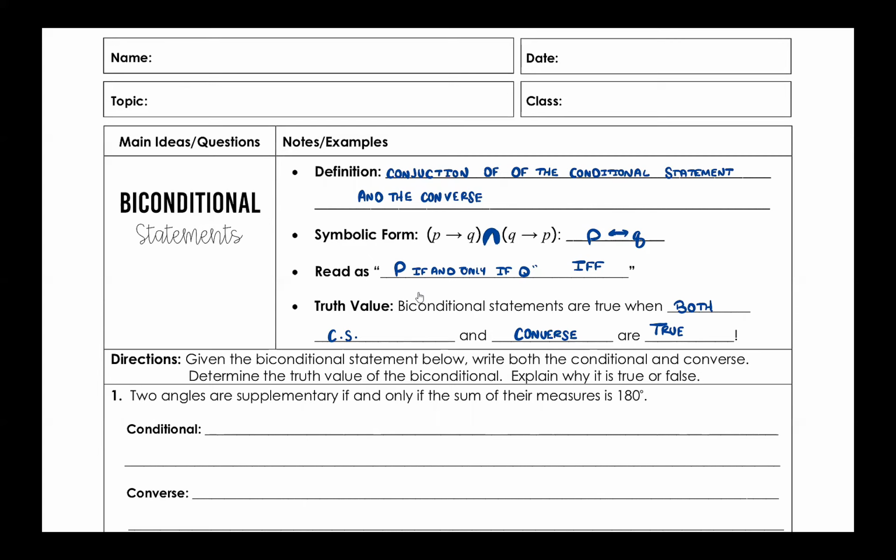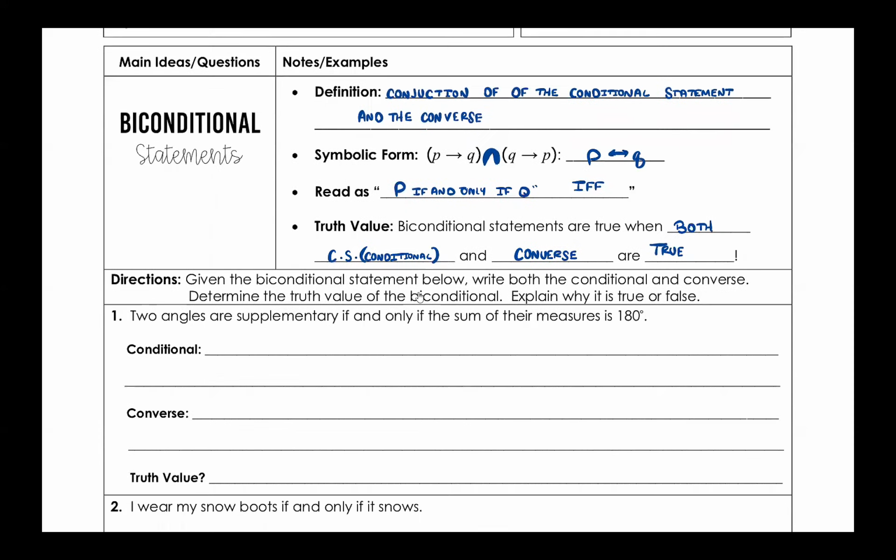Conditional statement, sorry. So they're going to give us a biconditional statement. We're going to write the conditional and the converse and then determine the truth value of our biconditional, whether it's true or false.